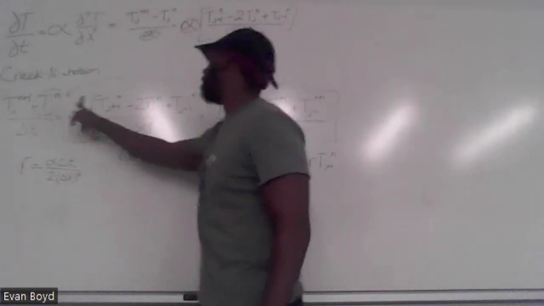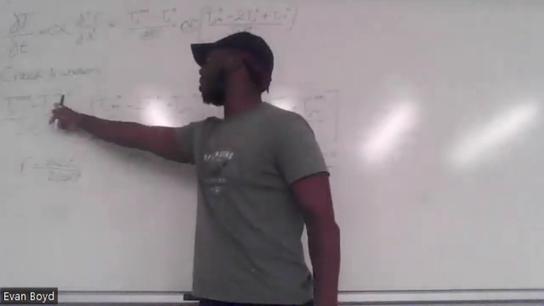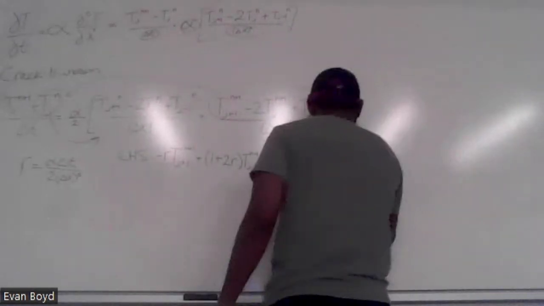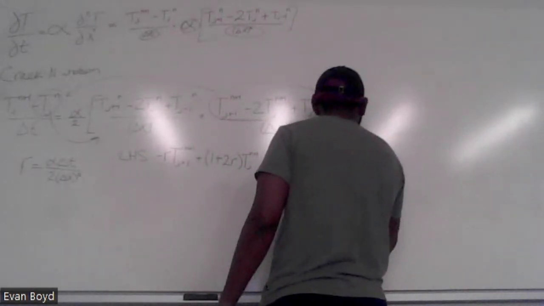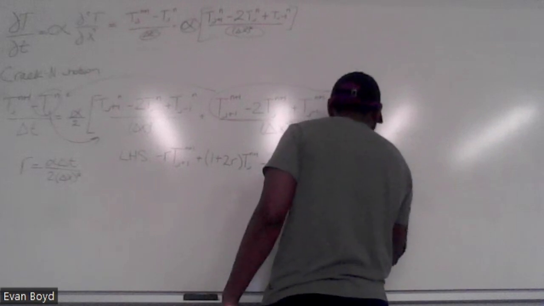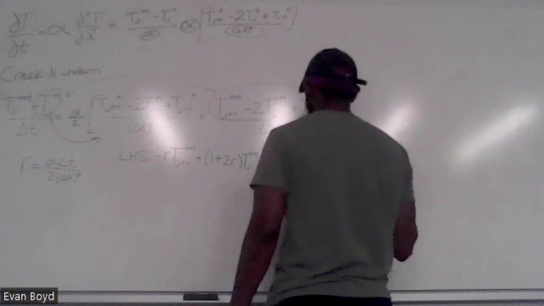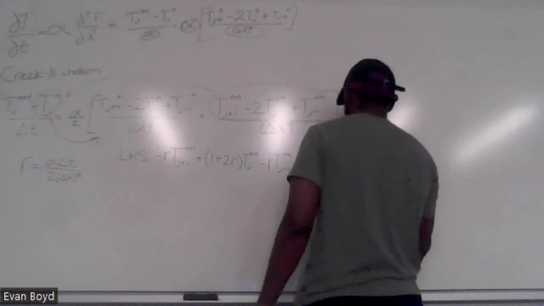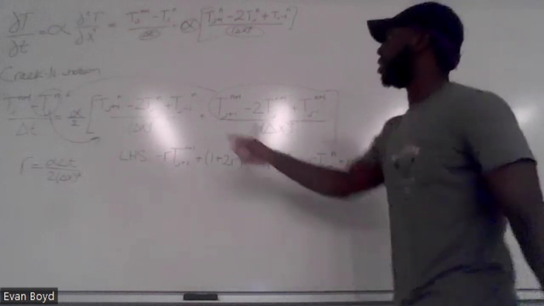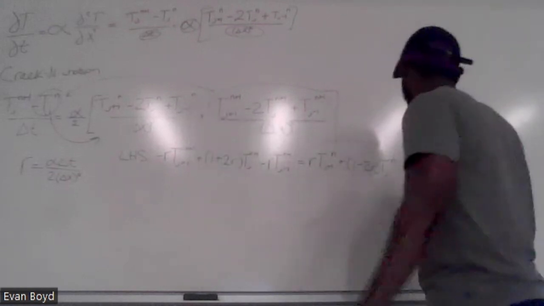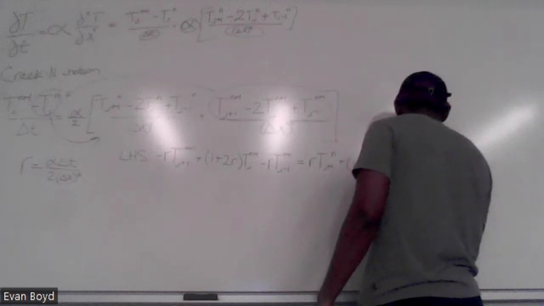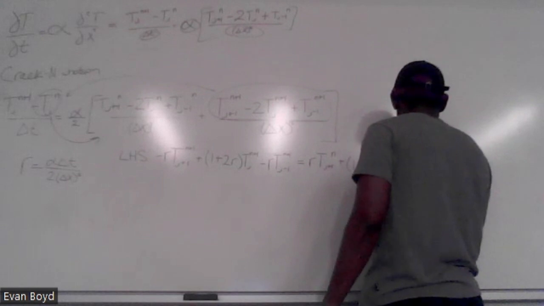Remember, these are both the same term of temperature at position J of n. So same thing we did here, parentheses, plus parentheses of 1 minus 2R, and then this would be temperature at position J of n. And then our last temperature term here, plus R times temperature at J-1 of n.